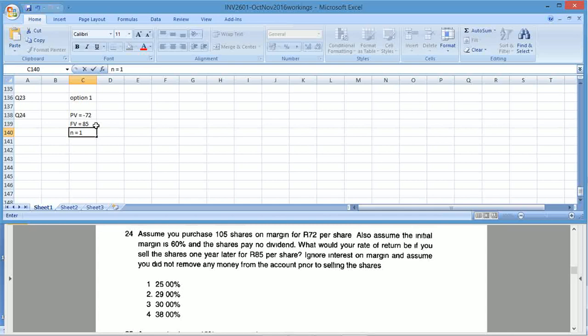Solve for I. On your financial calculator, 1 year, -72, future value of 85, solve for I comes out to 18.05%.